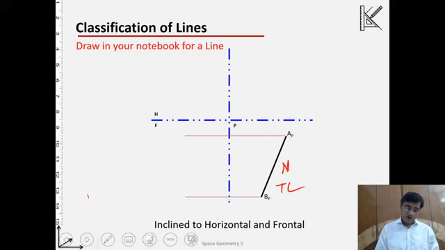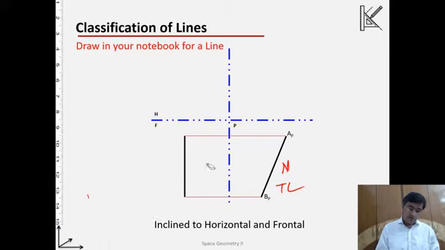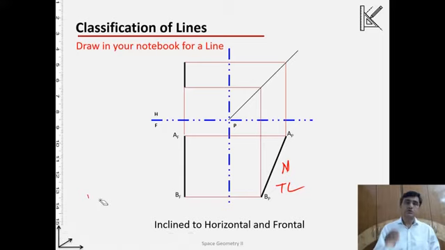Then I will take it to the frontal. Again, I could have done it here or here, it doesn't matter. But once it is fixed in the frontal, it is also fixed in the horizontal view. Both of these views, on the frontal and the horizontal, will be foreshortened.